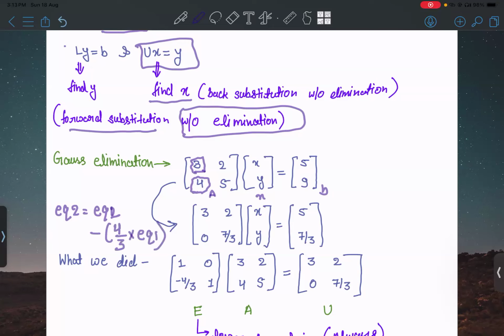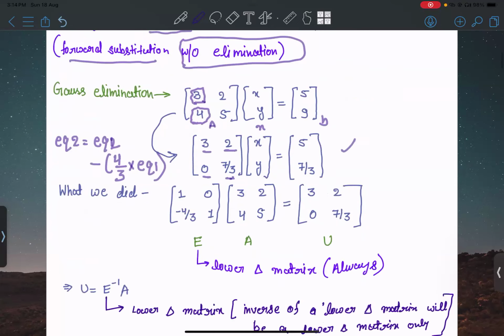Once I do this, I get these values of A: 3 2 will remain the same and row 2 will change. The values below the pivot become 0, and the other value changes. Then this is converted into an upper triangular matrix. Now by using the backward substitution method, we can find the value of x and y.